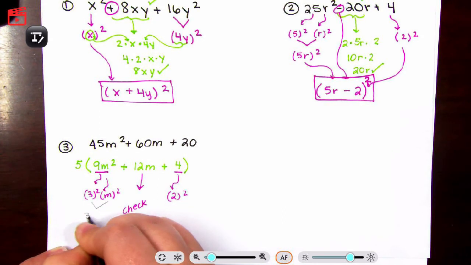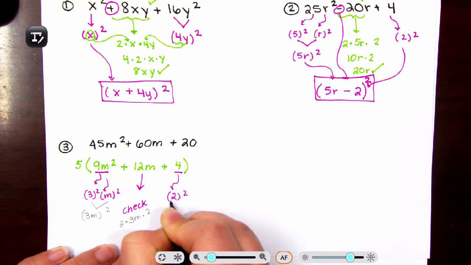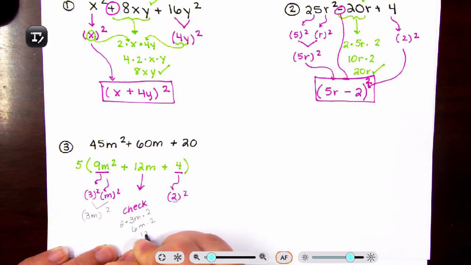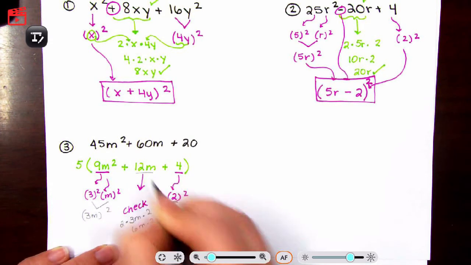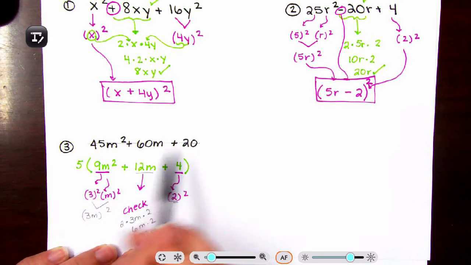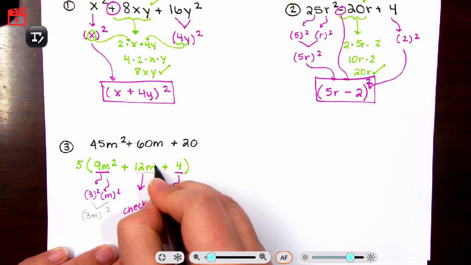My a term is 3m. So 2 times 3m times 2, this 2. 3 times 2 is 6. 6 times 2 is 12m. Do I have a 12m here? Yes. Now we're not checking the 60 because we have factored out 5, so this is our new trinomial. So yes, this checks out.